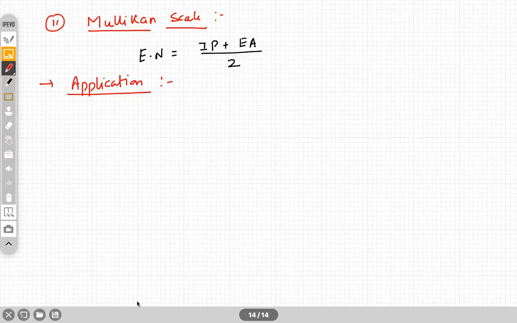Hello. Okay. Now the next thing is the application of electronegativity. The first one is what? We use this electronegativity term for naming a compound, right?